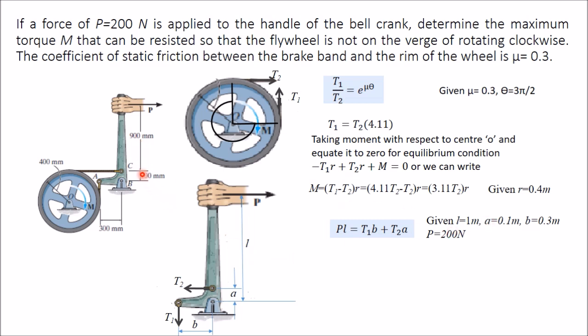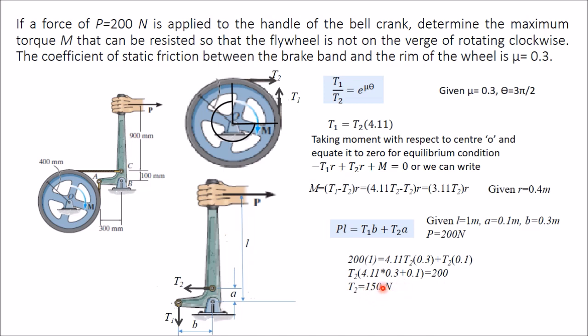A is given as 100 mm, so 0.1 meter, and this distance is given as 300 mm, so 0.3 meter. The value of P is also given, 200 Newton. Just put all these values: 200 into 1, and I have replaced T1 by 4.11 T2. By simplifying, you will get the value of T2 approximately as 1.150 Newton.